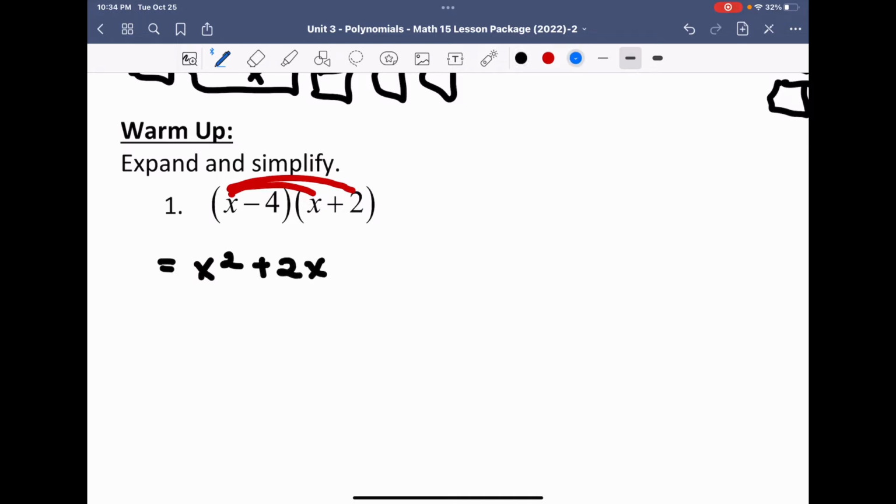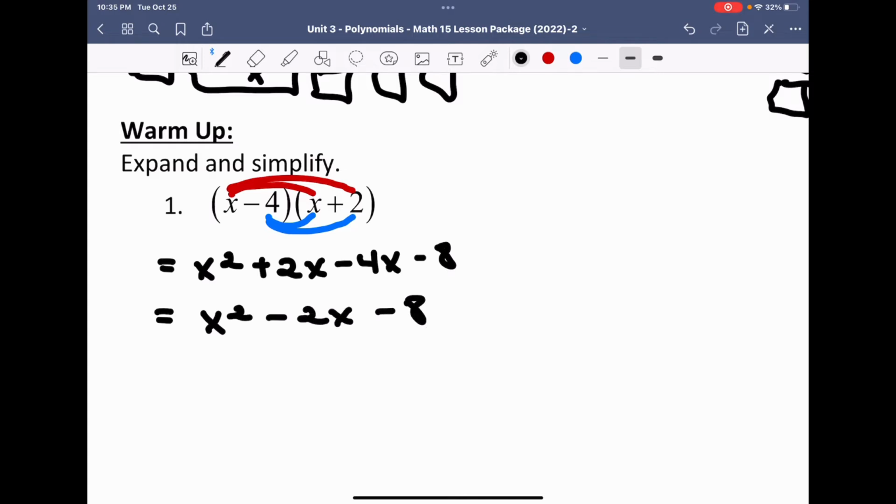And now I need to go negative 4 times x, negative 4 times 2. This is negative 4x. Negative 4 times 2 is negative 8. Now, if I combine the like terms, positive 2x and negative 4x are going to come together. This is x squared minus 2x minus 8.